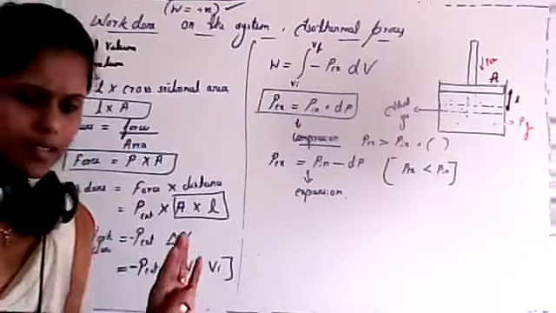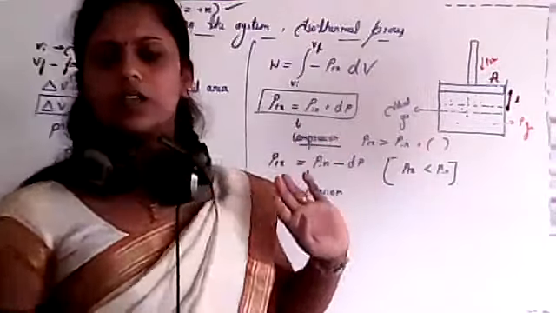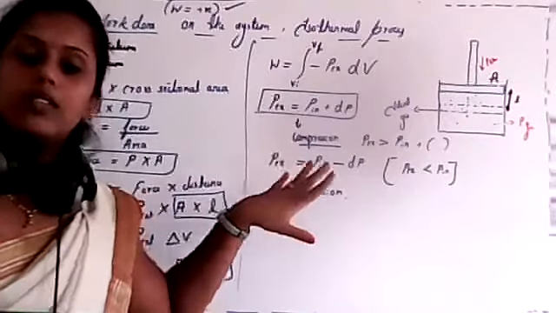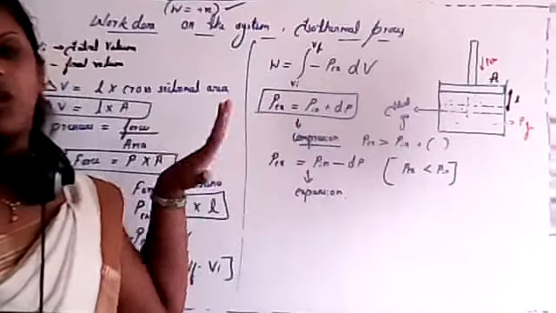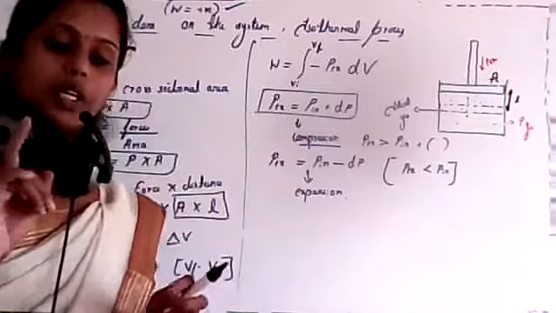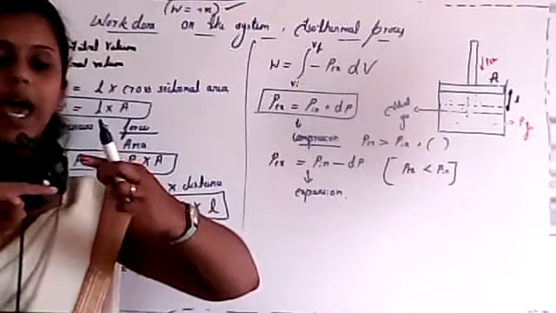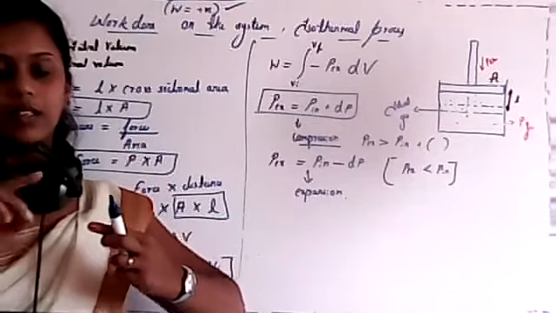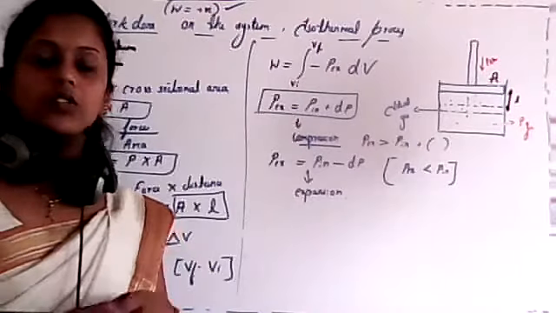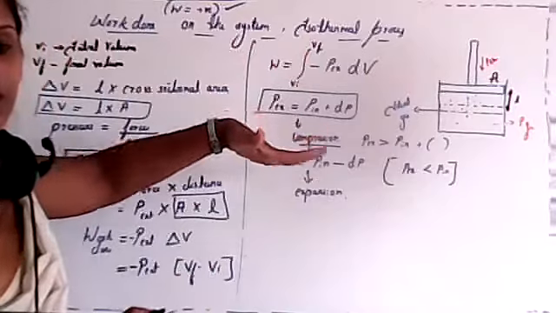So now listen, I want to consider a reversible process, reversible expansion. We know in a reversible process, we can reverse the process at any instant of time, isn't it, student? So compression and expansion will both be there.